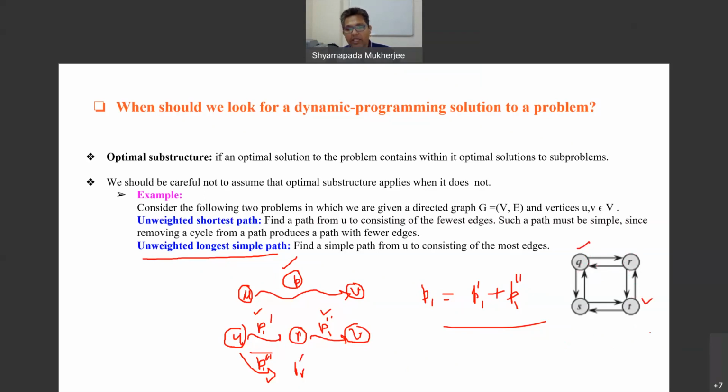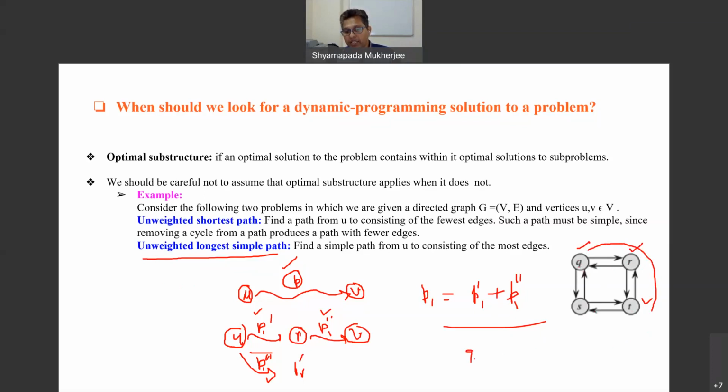But when we are talking about unweighted longest path, the simple longest path from Q to T is this one, Q, R and T. But it doesn't mean that it is holding optimal substructure because there is an intermediate node R, and it is not that Q to R is the longest one or R to T is the longest one.